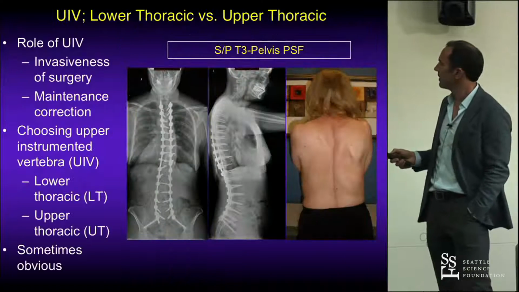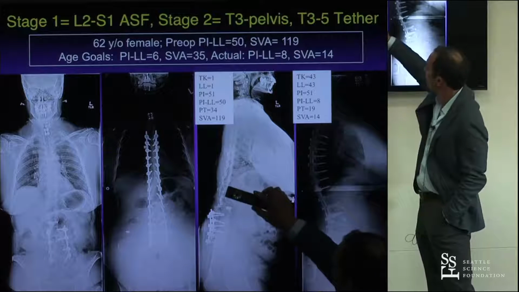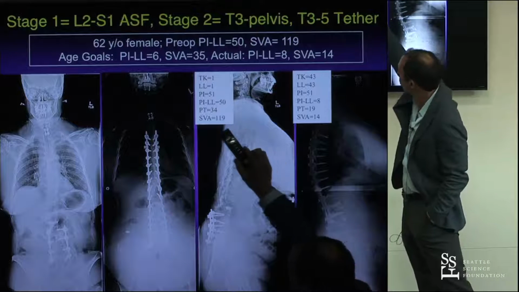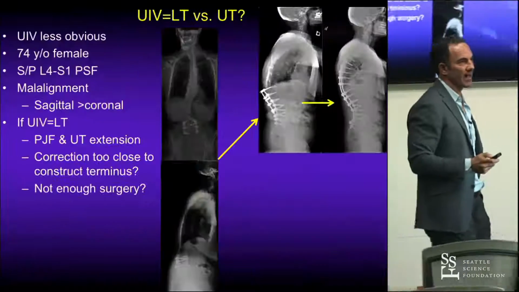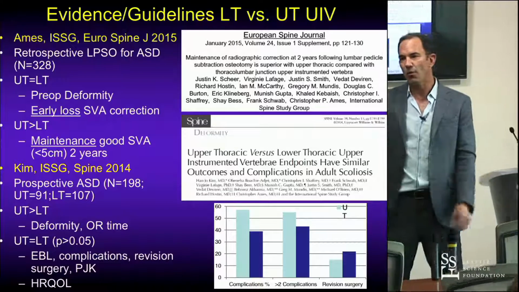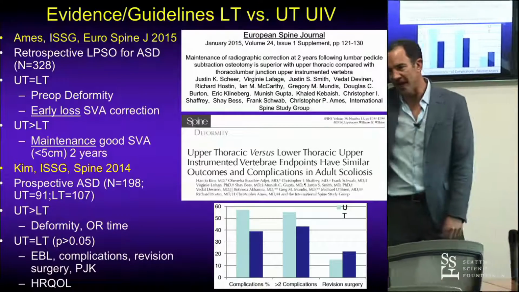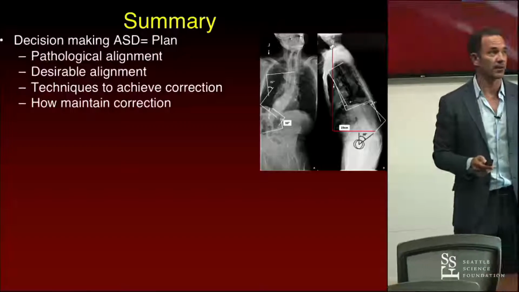And it's the same for this patient here. I'm just not going to be able to pull her back and maintain that correction. And lo and behold, that's what Hanjo and Chris showed: over time, you're probably going to have a greater loss of correction stopping at the thoracolumbar junction, especially for large deformities.